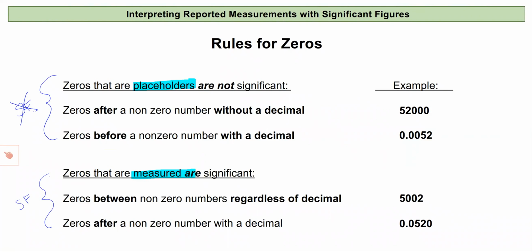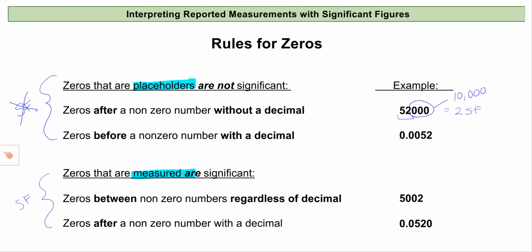Zeros that come after a non-zero number but don't have a decimal place are just placeholders. So these right here just help us understand that we're thinking about a number that's on the order of 10,000. But there's only 2 significant figures in this number, the 5 and the 2.